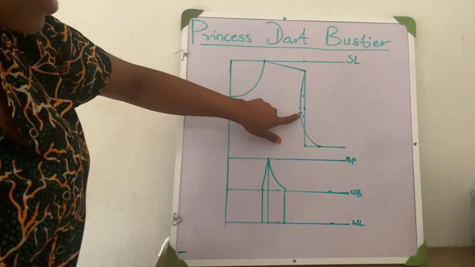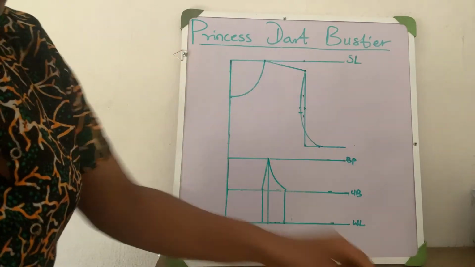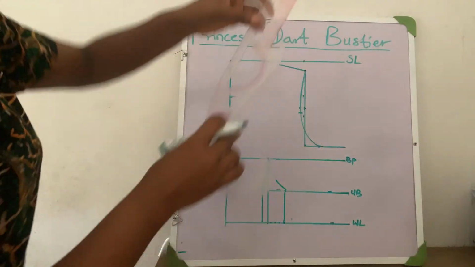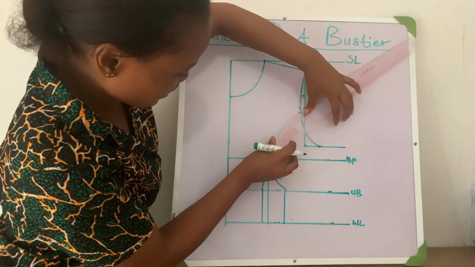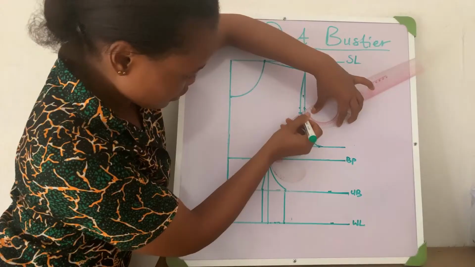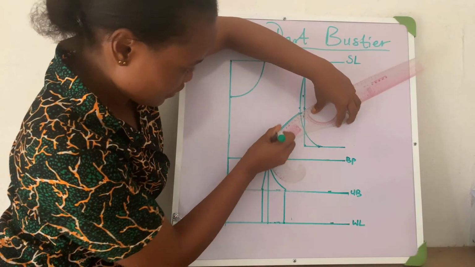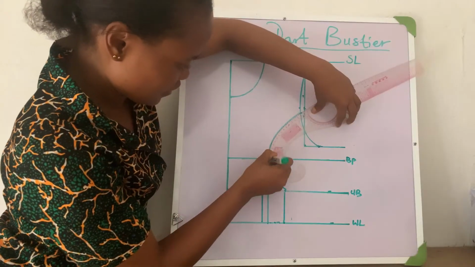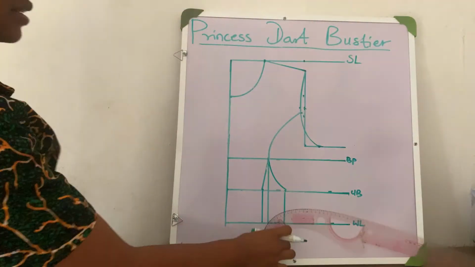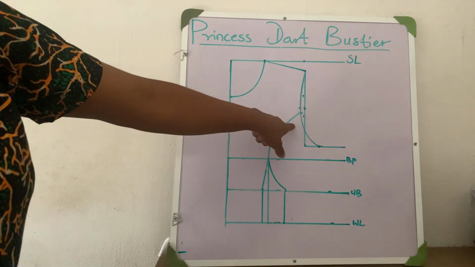So I will connect this 4.5 to this bust point in a curve to get the princess dart curve that we are looking for. Now we'll connect from this point to this point using a curve. So this is it. We are already getting that princess dart curve that we are looking for.